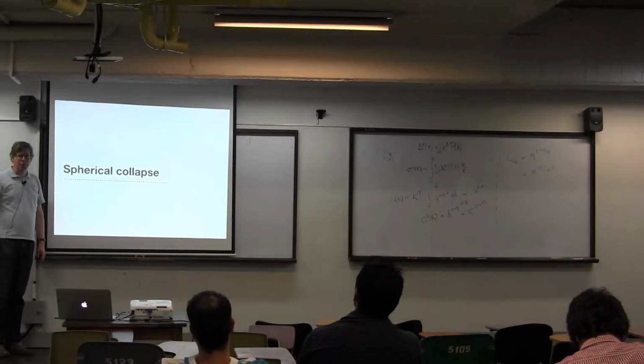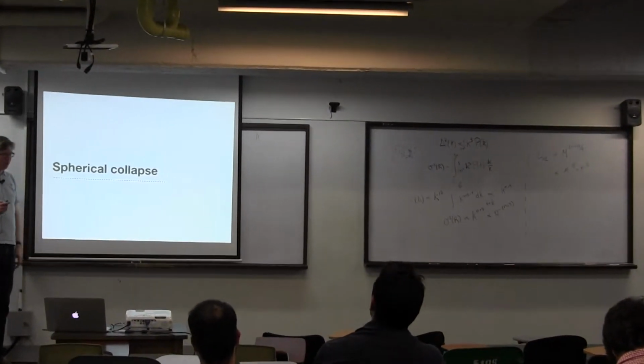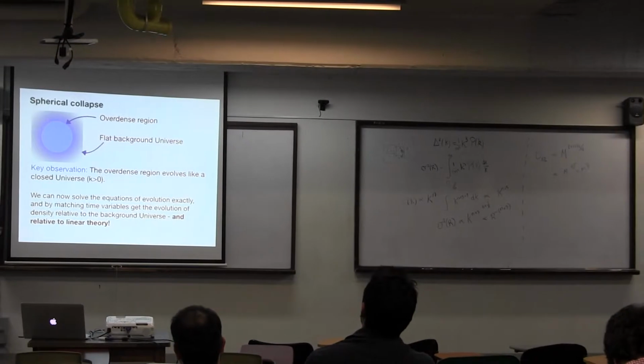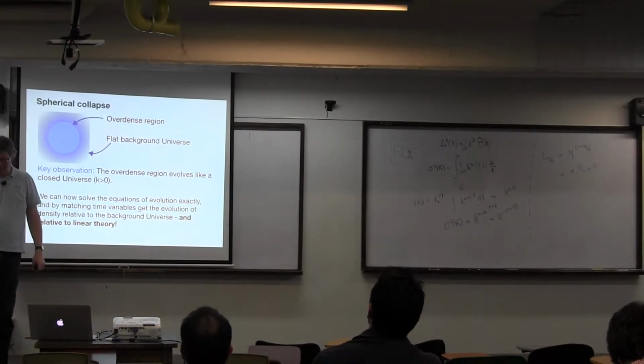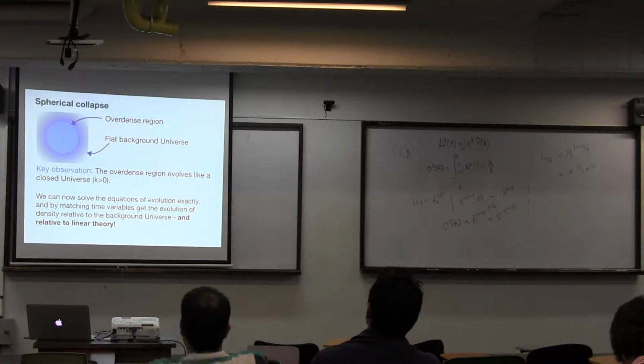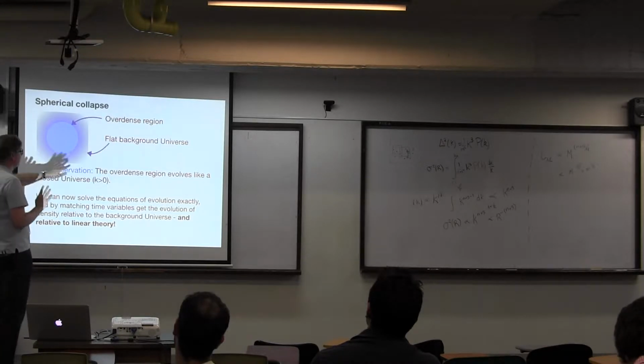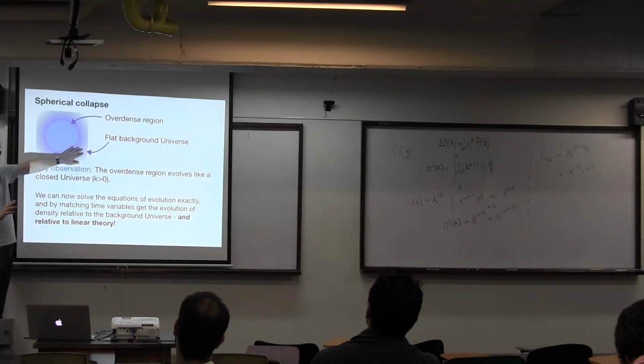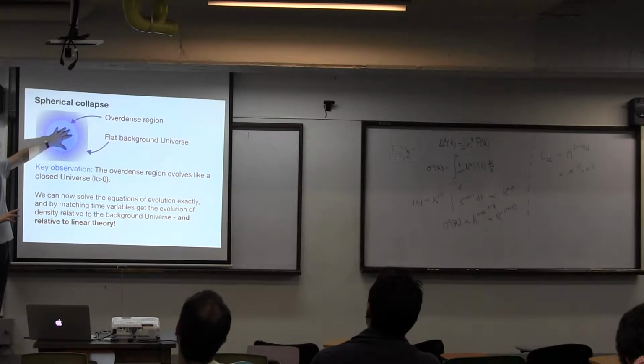Right, so now I'm going to come to the clever cheat of spherical collapse. So the idea here is that you take the universe as it is, completely uniform, and then you put a tiny little overdensity that's spherical, very, very slight overdensity inside that universe. And you assume simply that the background is flat, and this is slightly overdense.